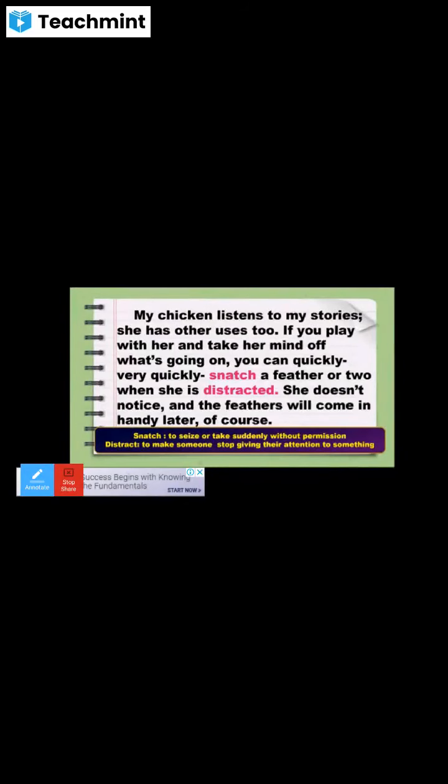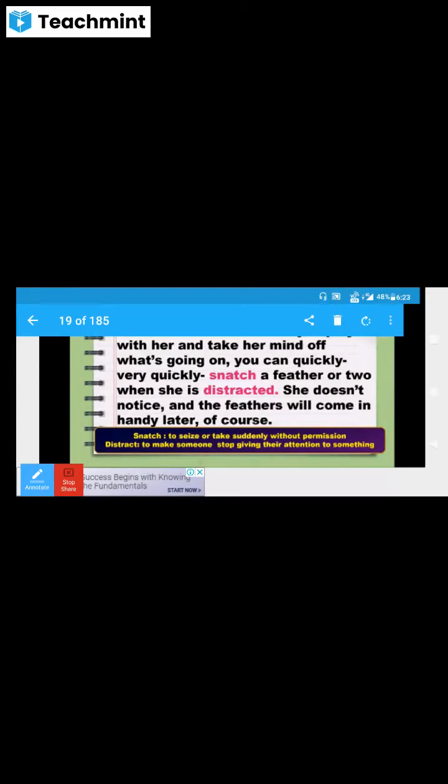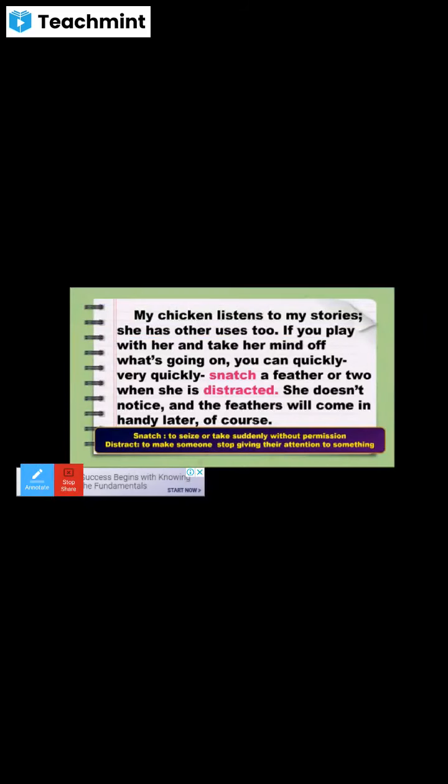Then I take that feather, and later it is very useful for me. Of course it's very useful. How do we use these feathers? We can paint with these feathers, nicely painted with these feathers. Like this she uses these feathers.